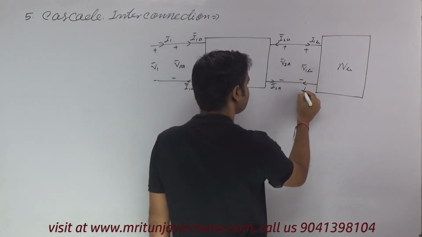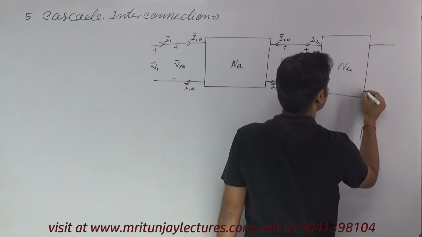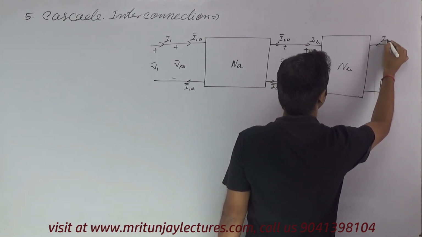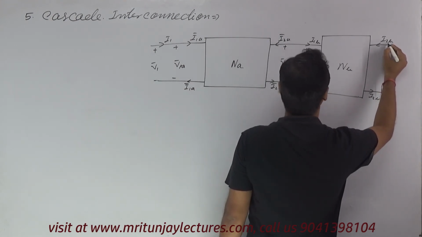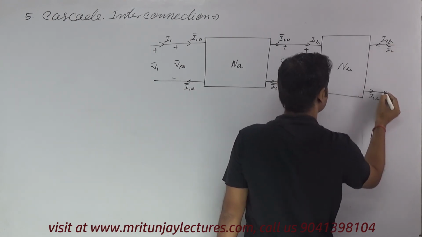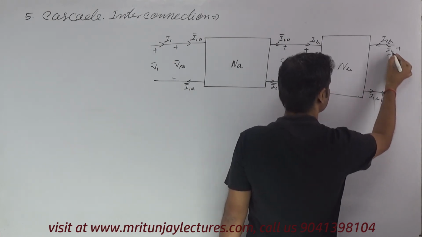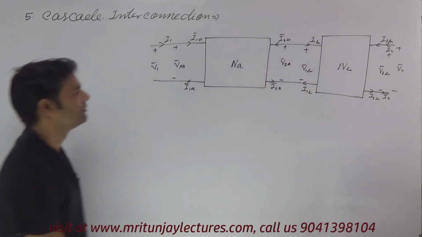Now I2B, here I2B, and that is I2, here I2, and that is V2, and this is also written as V2B.